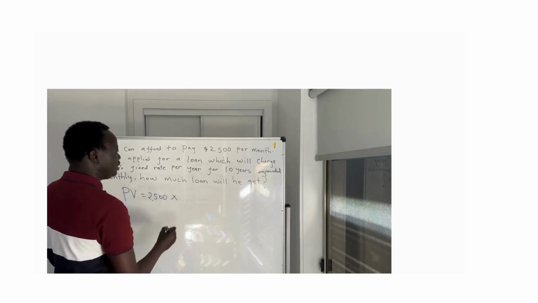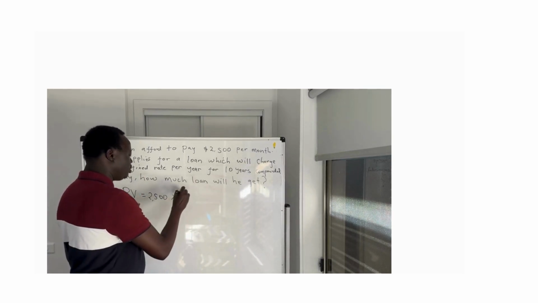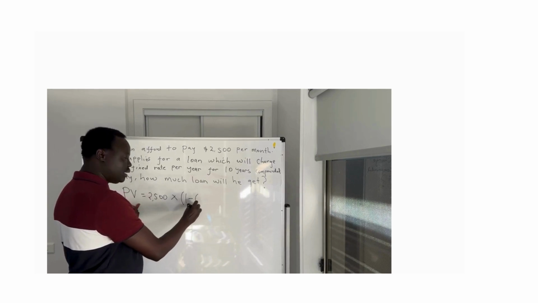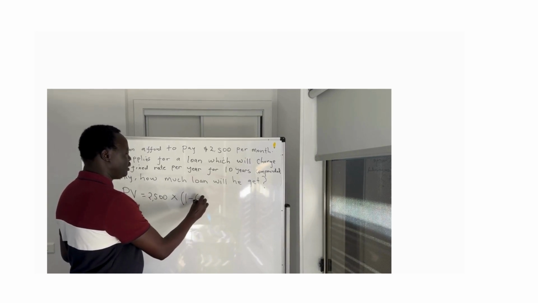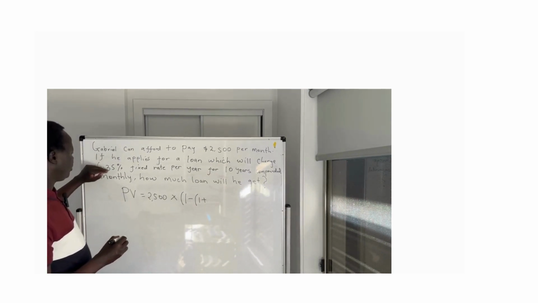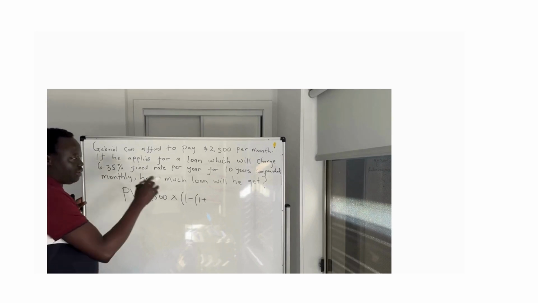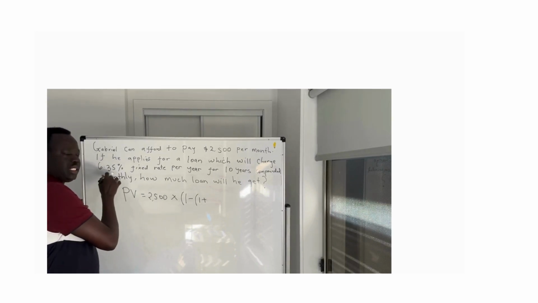times, and since this one is the present value of an ordinary annuity, we will have 1 minus parenthesis 1 plus R. R is 6.35%. And whenever you're working out this kind of problem, you have to change this into decimal.